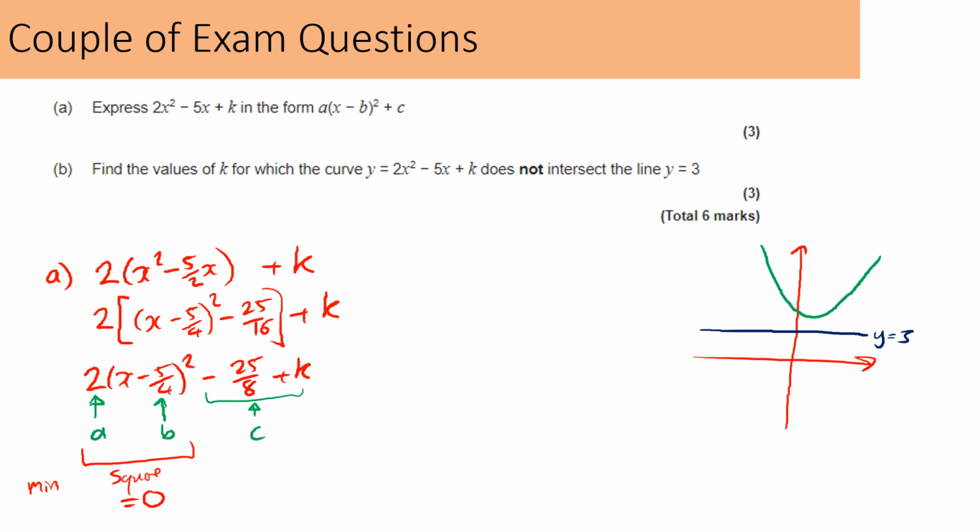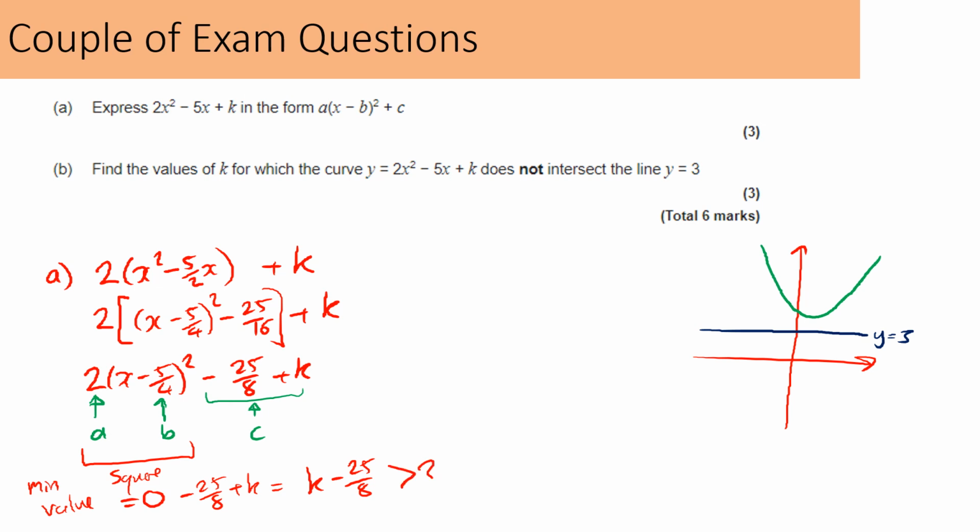The extra bit, therefore, is what's left over. And that's constant. We can't do anything about it. So the minimum value that this could have would be 0 minus 25 over 8 plus k. It would be, let's rearrange it slightly, k minus 25 over 8 is the lowest this can go. Now, if we don't want it to touch 3, that means this can't be equal to 3.